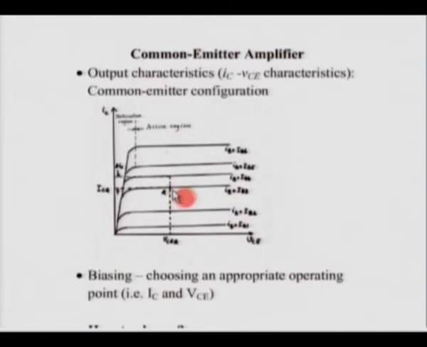So you would choose a point somewhere in the middle depending on the value of IC you want. For example, in the design example given to you, you are given a VCC value of 10 volts, so you would choose a VCE value and IC value depending on the constraints given. So biasing essentially is an exercise to choose an appropriate operating point, so that you can get the desired gain and so on.